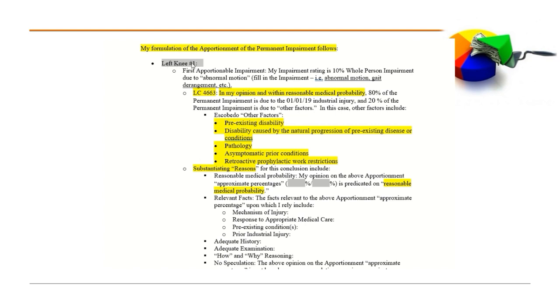Now here I have listed number one impairment, first apportionable impairment. You may have multiple impairments for the knee. You may have abnormal motion. You may have ligamentous instability. You need to go through this exercise for each and every one of those impairments if those impairments are apportionable.